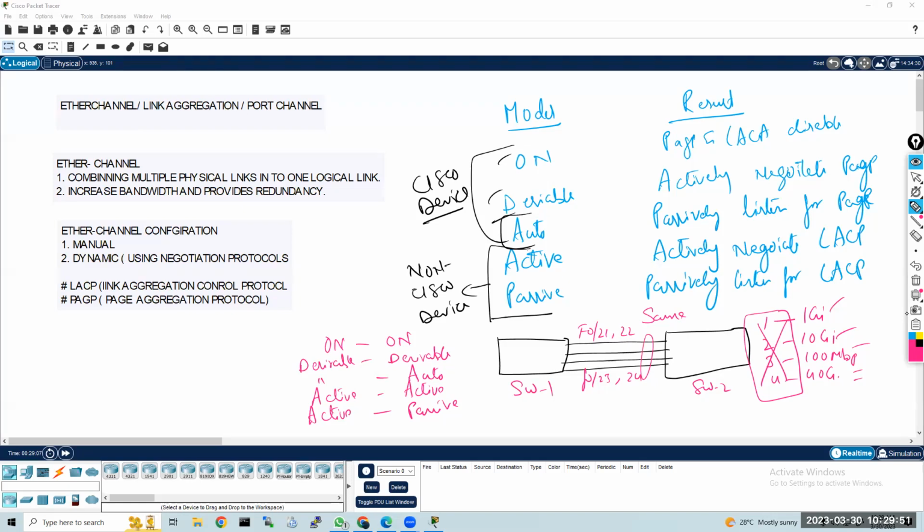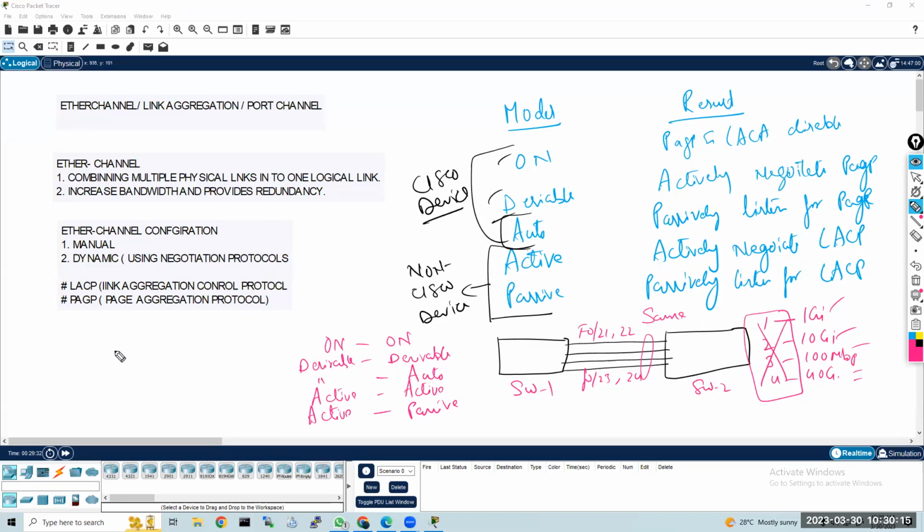It's as simple as this: if you want to make a bundle of sticks, and one stick is thin, one stick is thick, one is so big, we cannot make it a bundle and tie it, right? All speeds should be the same.